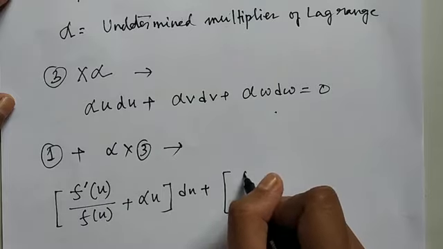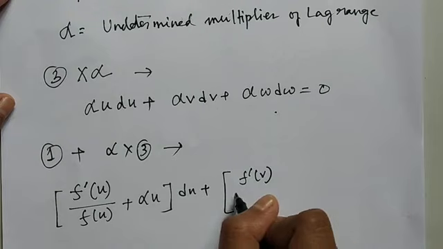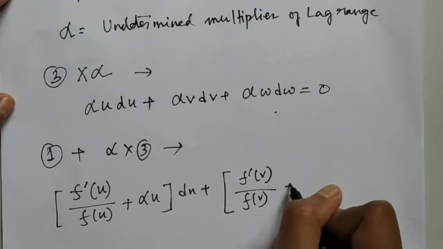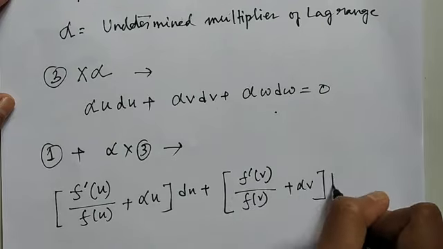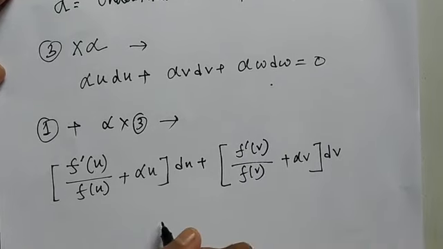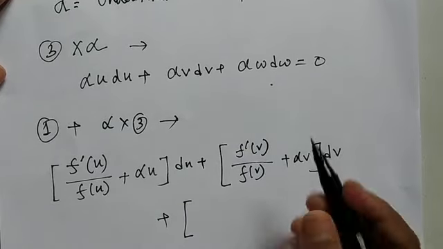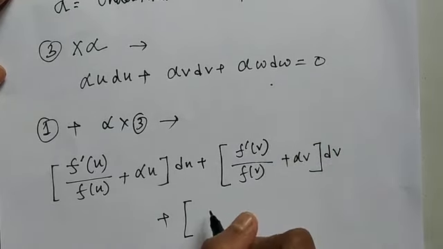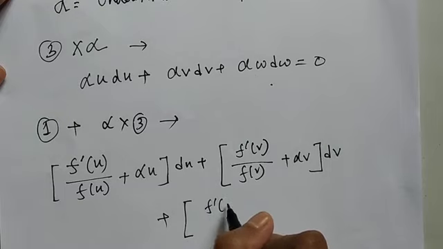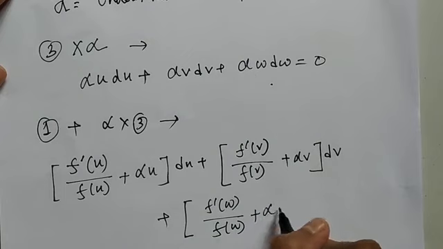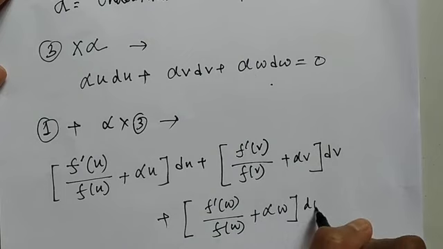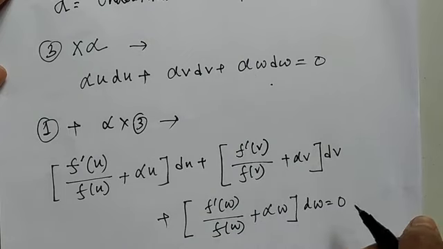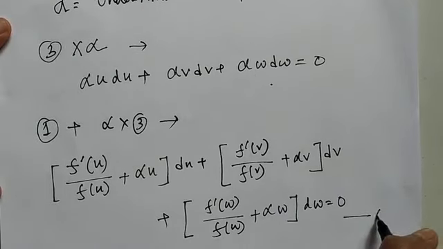So we will have f prime v by fv plus alpha v dv. Then we take the coefficients of dw together, so we have f prime w by fw plus alpha w dw equals 0. So this is our equation 4.